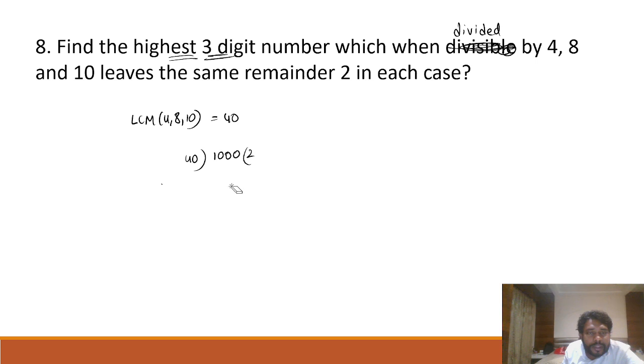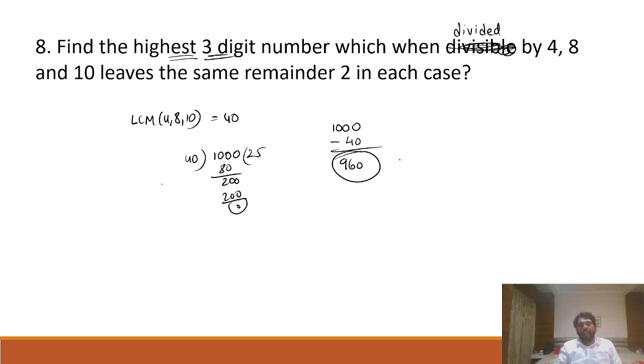40 twos are 80, again 200, which is 0. That means 1000 is perfectly divisible by 4, 8 and 10. I want the highest 3-digit number now, so I subtract 40. You'll get 960.